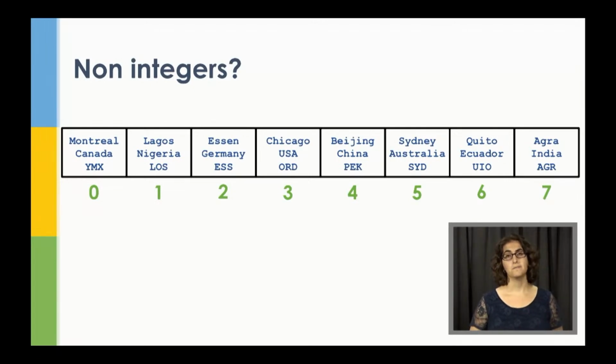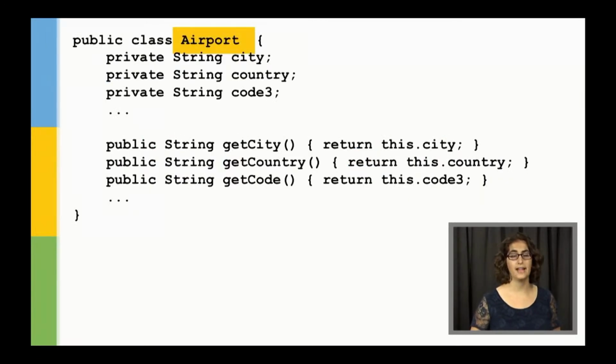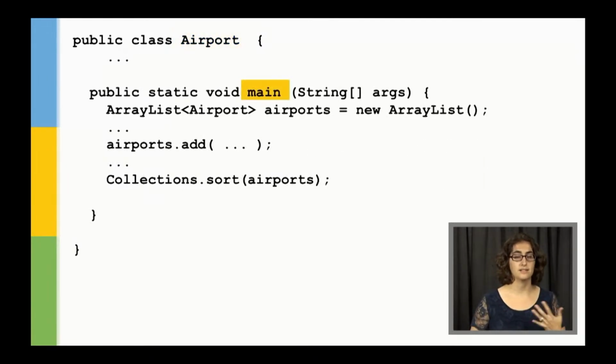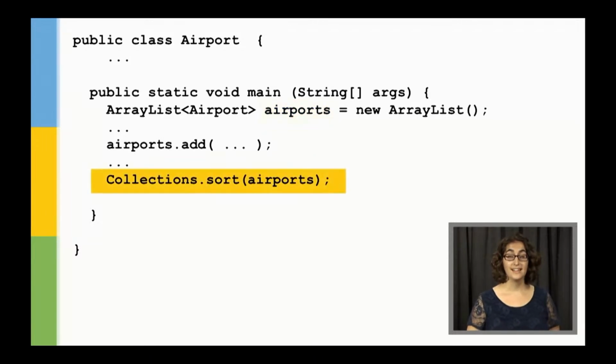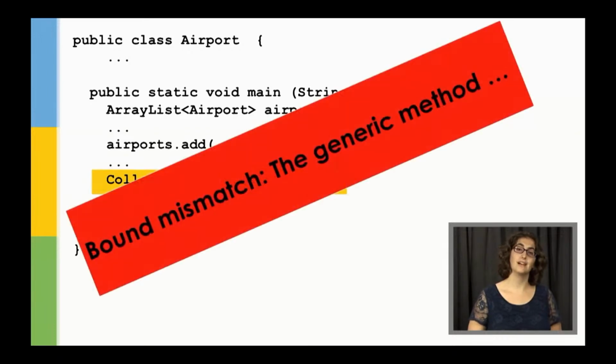Okay, so if we try to just go ahead and in our airport class define a method within the main method that just says, let's sort our airports. So we have an airports list and we're going to go ahead and sort it. Then we can hope for the best and try to compile this, but unfortunately, we're going to get a big old error message. And the reason for that error message is that airports are kind of hard to sort.